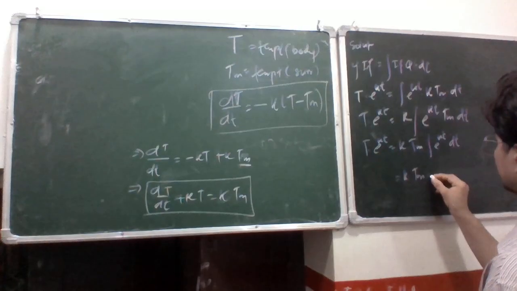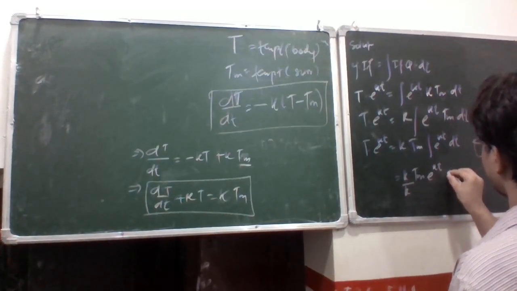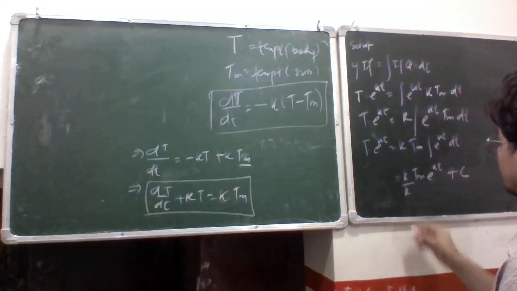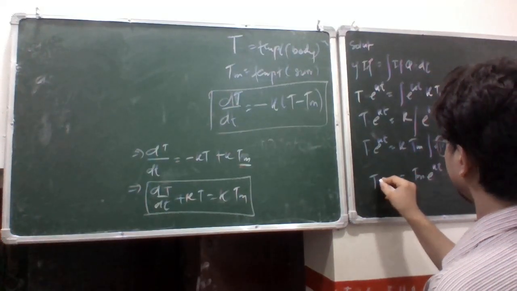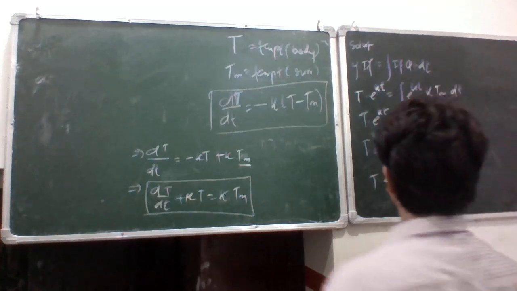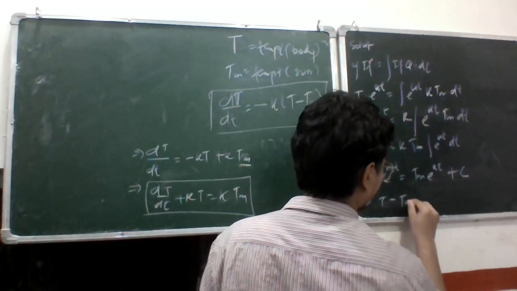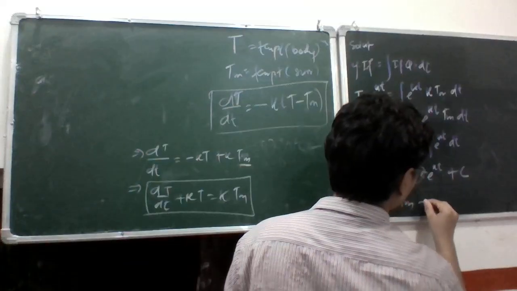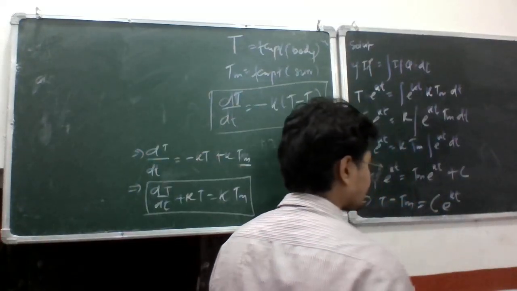The integration of this would be (1/k) e^(kt) plus c. K and k would be cancelled, so we get T e^(kt), and this can be written as T minus Tm equals c e^(kt).